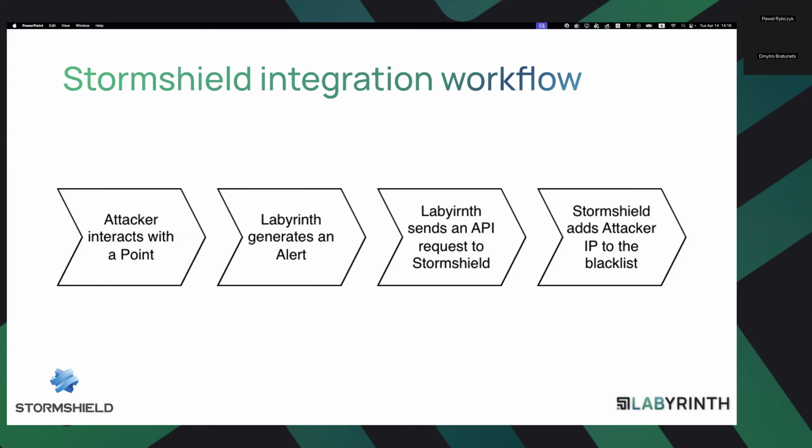Here is a typical workflow for Stormshield integration. An attacker interacts with a point, then Labyrinth generates an alert, and if the alert severity meets the defined threshold, Labyrinth will send an API request to Stormshield, and after that, Stormshield will add the attacker IP to the blacklist.